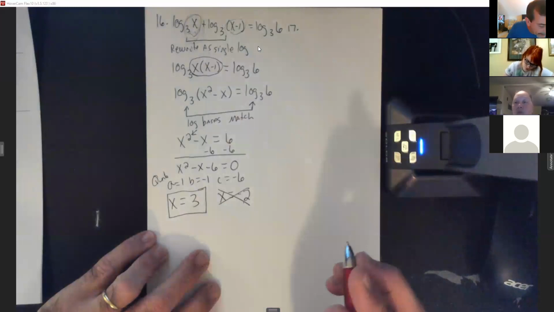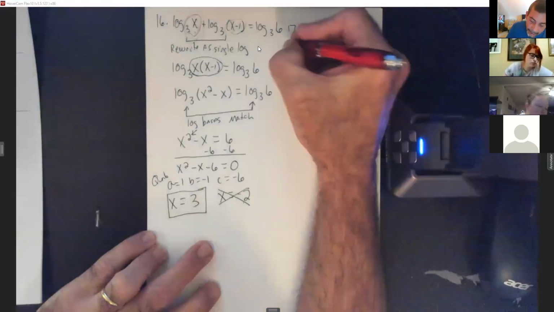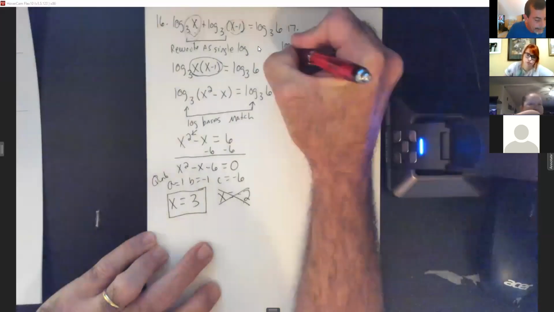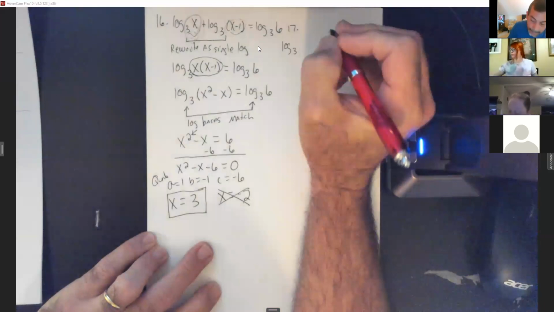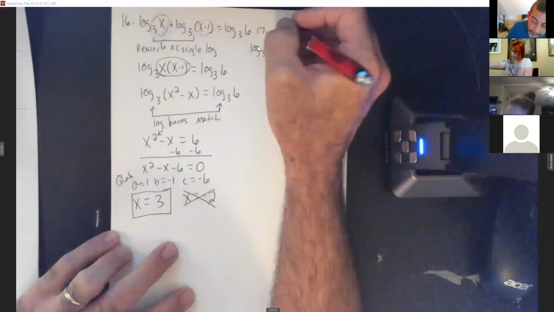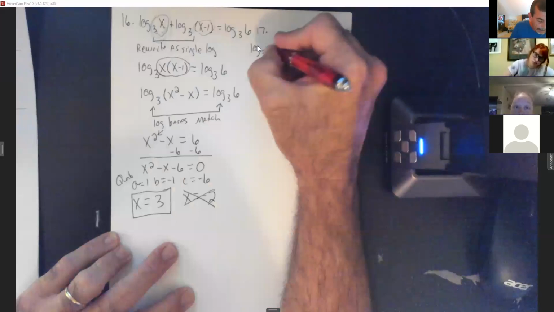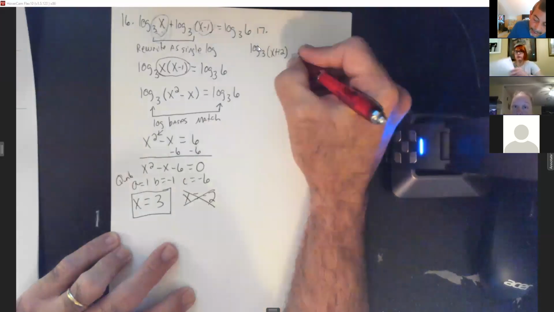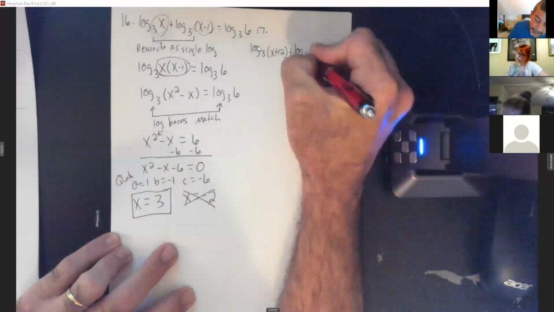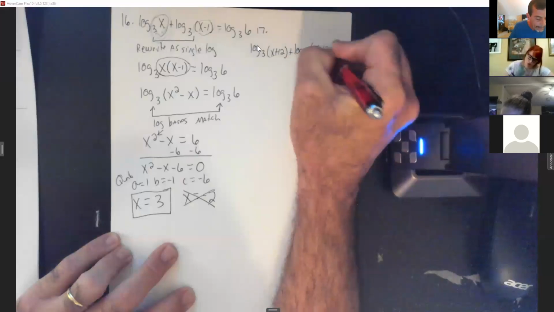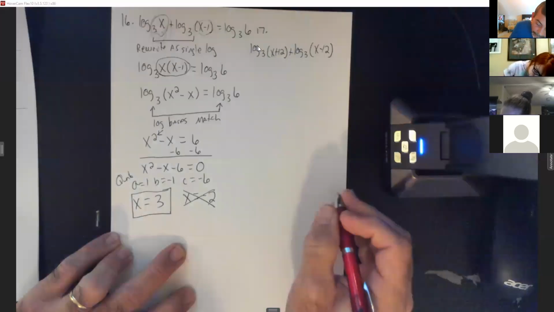All right, the last one on this section has log base 3 of (x plus 12) plus log base 3 of (x minus 12) equals 4.